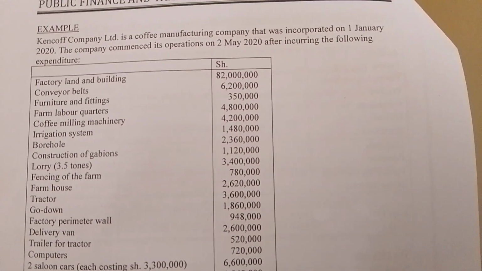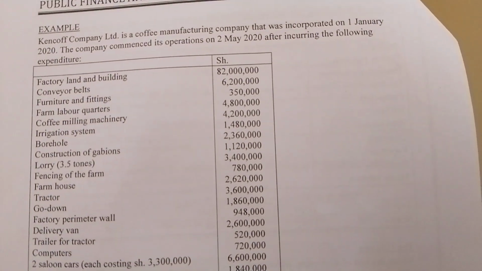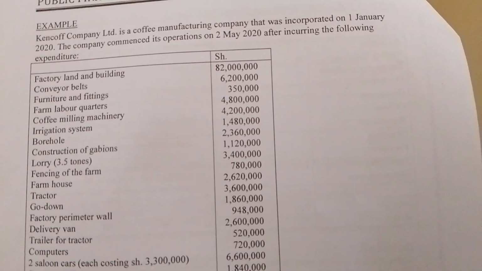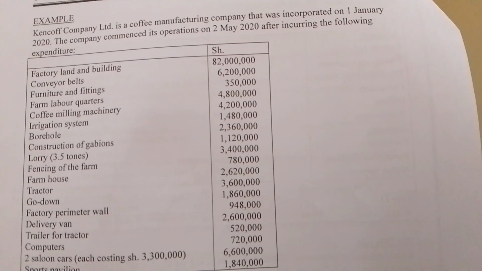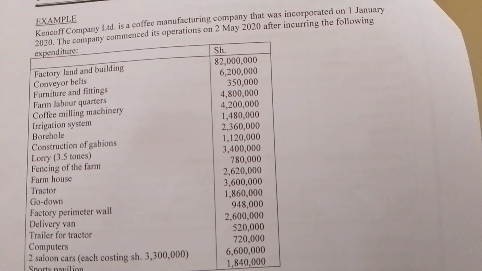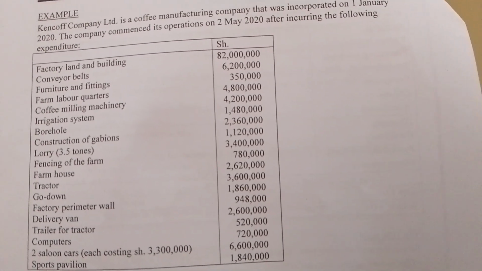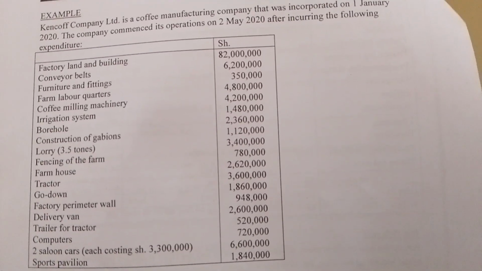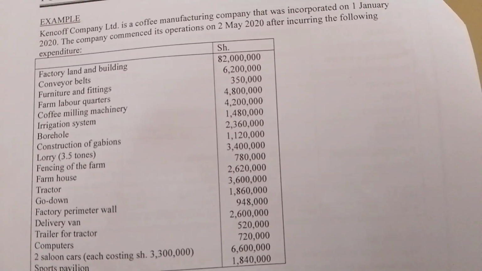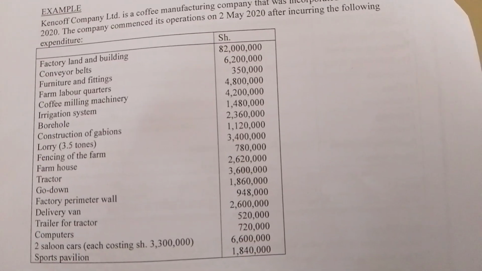You separate them. So factory land and building, conveyor belts. Conveyor belts help in manufacturing, so that will be 50%. Furniture and fittings, farm labor quarters, coffee milling machinery, irrigation system. And now you can see there are some items there which qualify for farm work deductions.